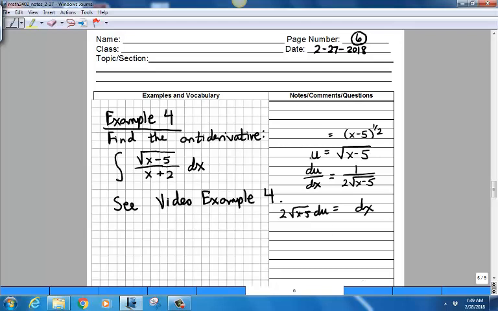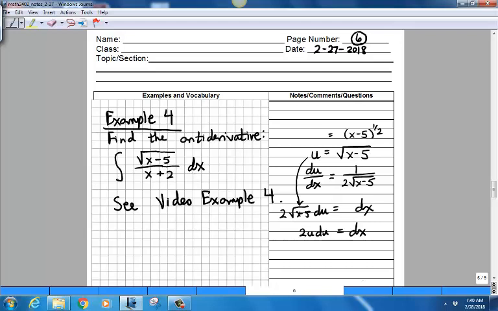Now, what we're going to notice here is that square root of x minus 5, right? That was u. And so I'm going to rewrite dx in a little bit different way than I normally would. I'm going to write this as 2u times du, since square root of x minus 5 is u.